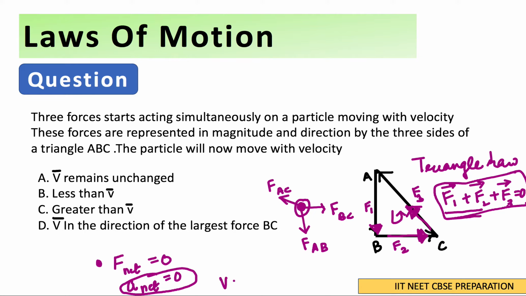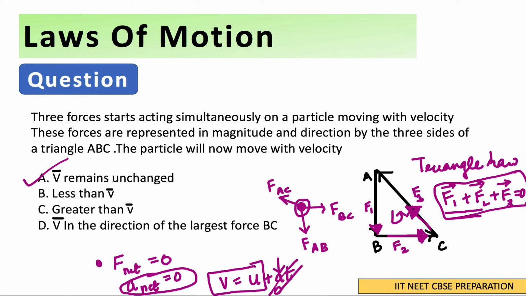If I use v is equal to u plus at, what is the final velocity? Since acceleration is 0, the at term cancels, so the final velocity is equal to the initial velocity only. There is no change in velocity. Whatever the velocity was, it remains the same. So in this case, we will say that v remains unchanged, because the net acceleration is 0.